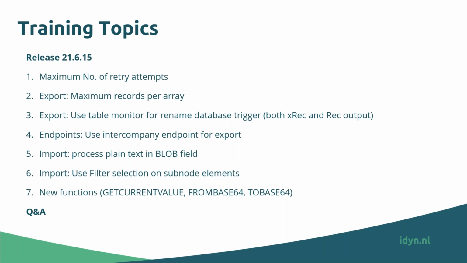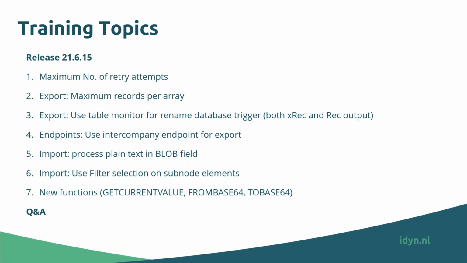On the import side, we added plain text support for importing in blob fields. That was actually already available a couple of weeks ago, but in this session I will show you what that looks like. And we also added some support for filtering on subnode elements.